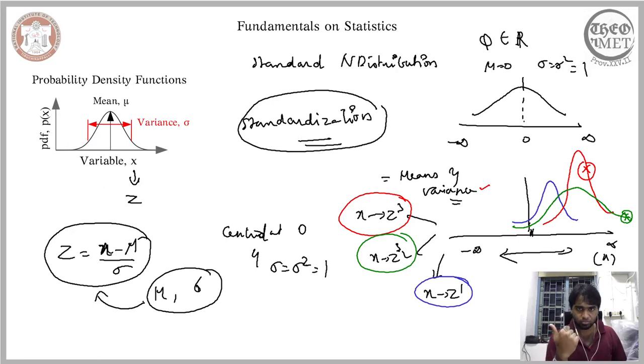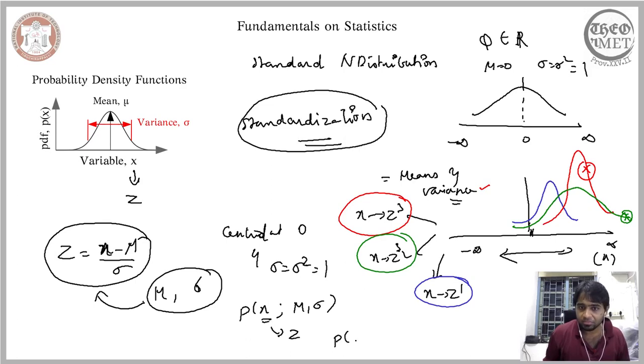So what we have seen is the PDF of a normal distribution, which is defined by the mean and the variance. The expression will be of this form. It is possible for us to replace this variable with z in such a way that mu is fixed at 0 and sigma is fixed at 1.